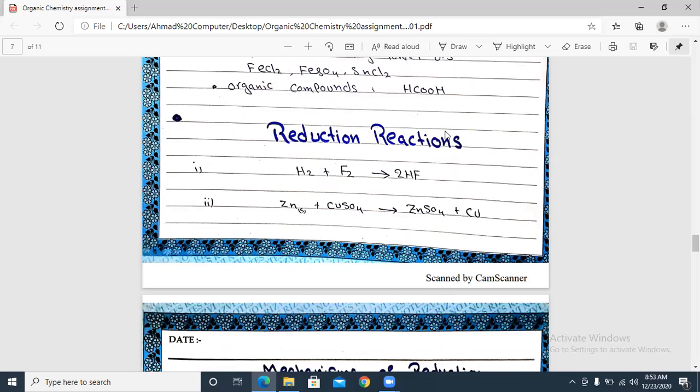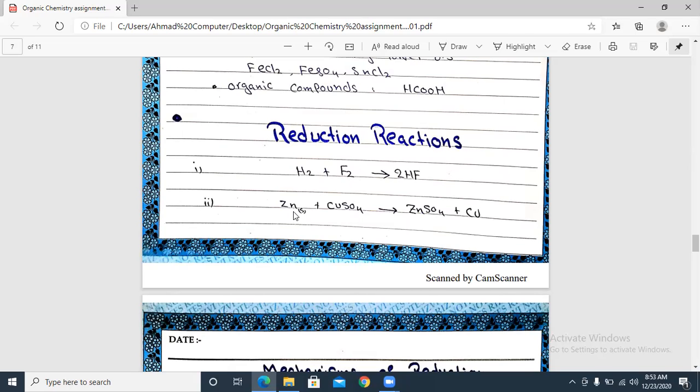When we talk about the reduction reaction, we will see two reactions. In the first, hydrogen reacts with fluorine to form hydrogen fluoride. Hydrogen is oxidized and fluorine is reduced.